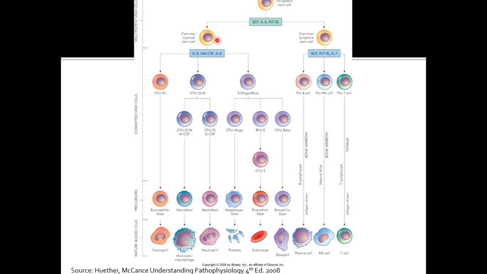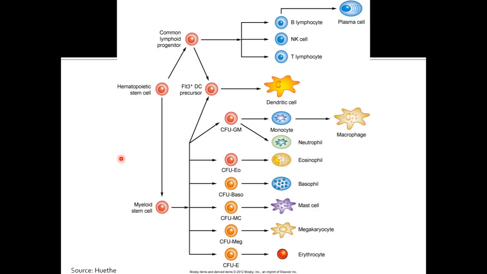So this myeloid stem cell can eventually become an eosinophil or a monocyte, neutrophil, megakaryocyte, or a red blood cell or basophil, and so on. So that's a really easy way to remember that. And this will make more sense when we talk about the hematologic pathologies, especially with the leukemias and lymphomas.